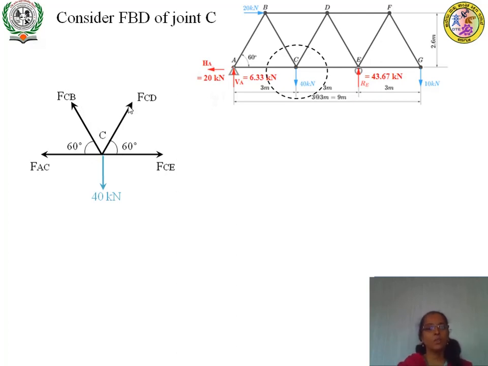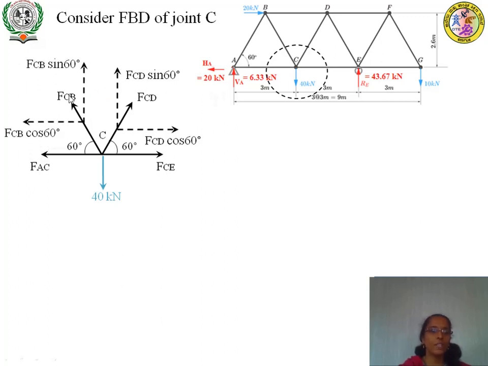Let us resolve these inclined forces along X and Y directions. FCD is making 60 degrees with respect to horizontal, therefore X component is FCD cos 60 and Y component is FCD sin 60, and it is in first quadrant, therefore X positive, Y positive.